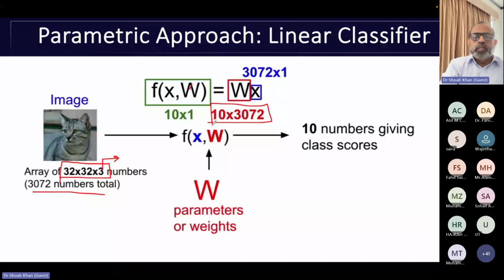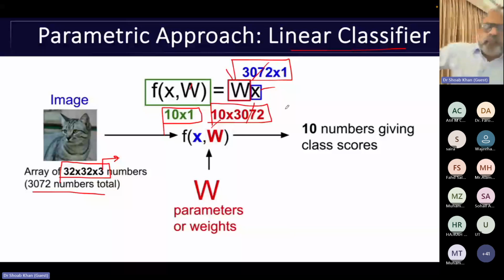So you multiply W with an X, which is 3072 by 1. So 3072 matches with this. So the resultant vector is going to be a 10 into 1, which is here. So this is your model. And it is called a linear classifier because all the weights linearly multiply with x. Okay, so there is no square, there is no log, there is no exponential.